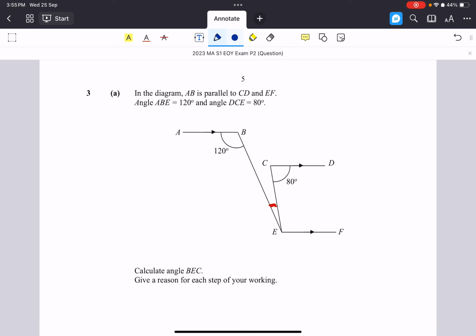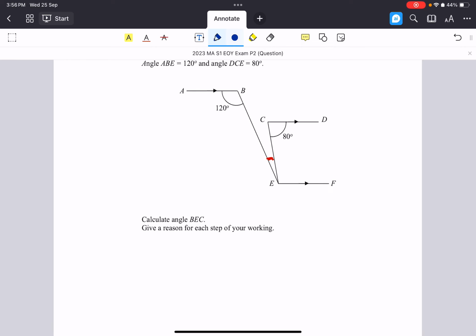What we can do over here is to first find angle BEF. Angle BEF equals 120 degrees because of alternate angles, and AB is parallel to EF.